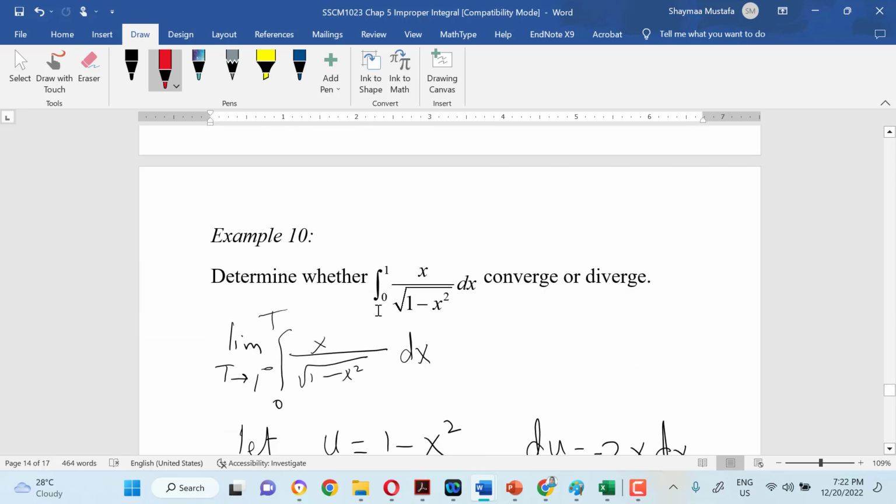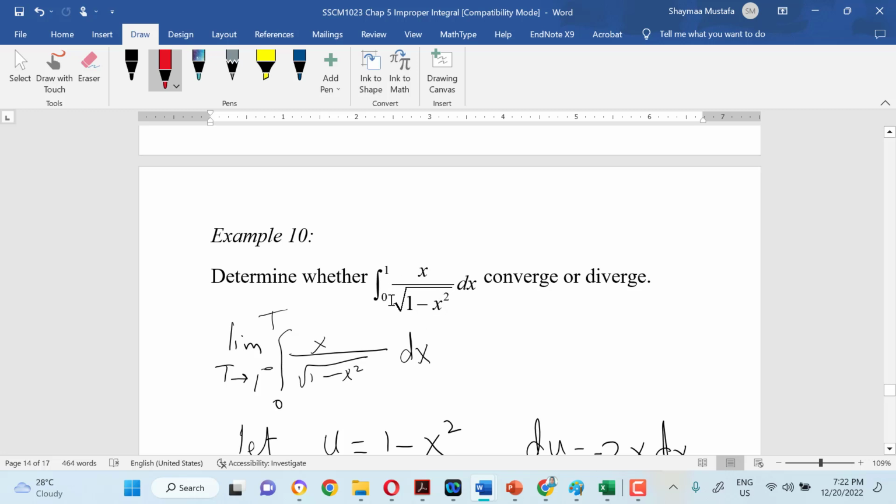For example, this one: I have the integral from 0 to 1 of x over the square root of 1 minus x squared dx. In this integral the boundaries are 0 to 1, with no infinity boundary here, but this is still an improper integral. Why? Because this function is undefined at 1.